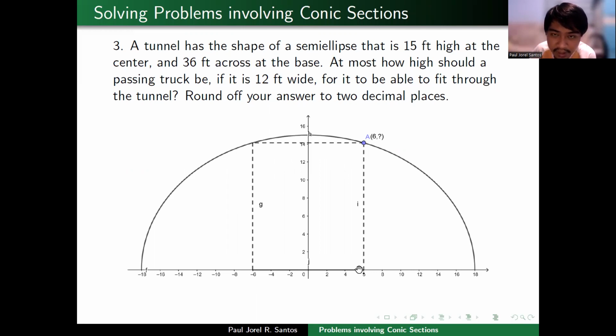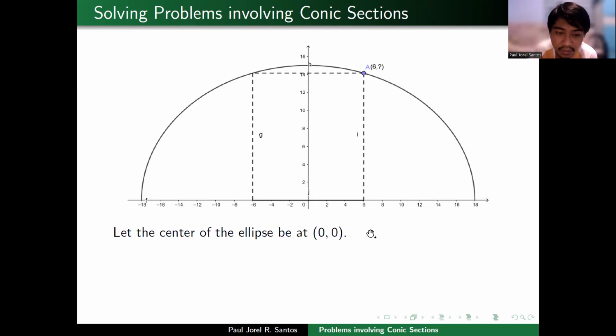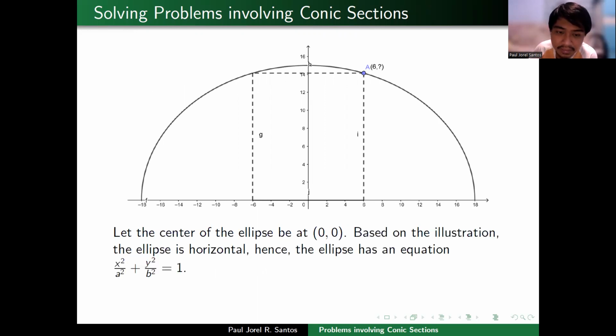We want to find the highest possible or the maximum height of a truck that can pass through this semi-ellipse. By this, we can conclude that we let the center of the ellipse be at (0, 0).